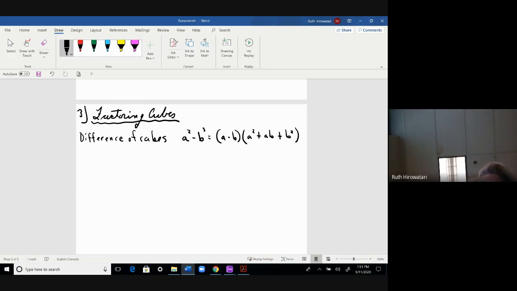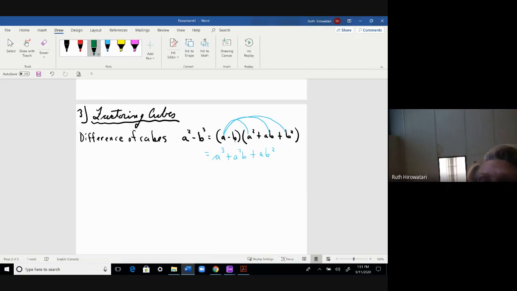But as I said, let's prove that this actually works. I'll do it on here and then I'll erase it. Okay, so if I were to FOIL this all out, that a would have to distribute to all of those terms. That would give me a cubed plus a squared b plus a b squared.